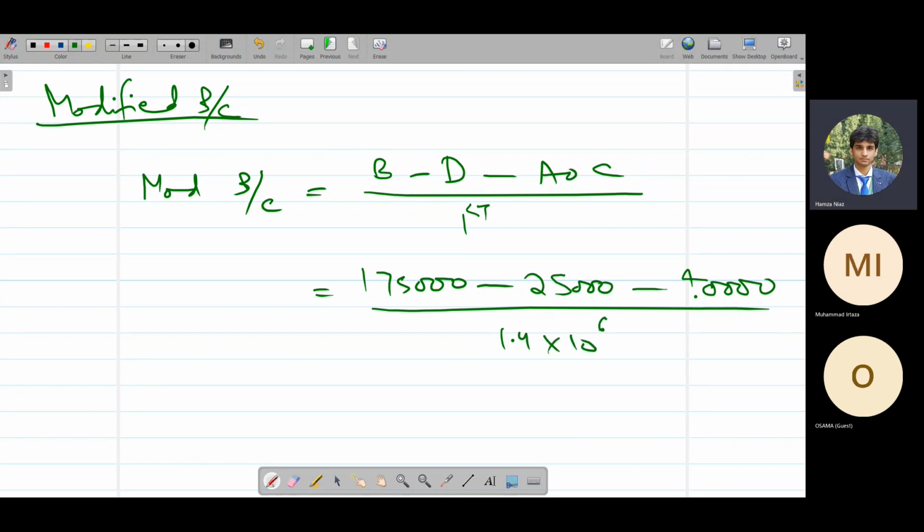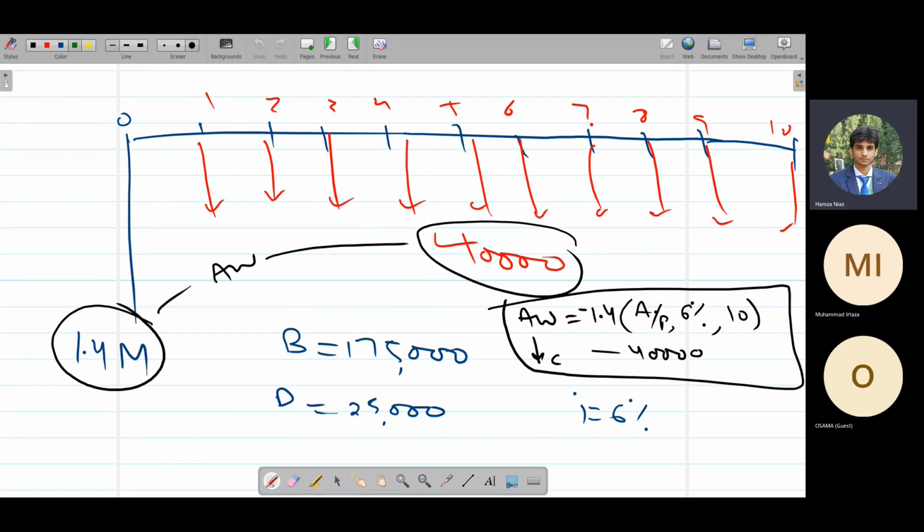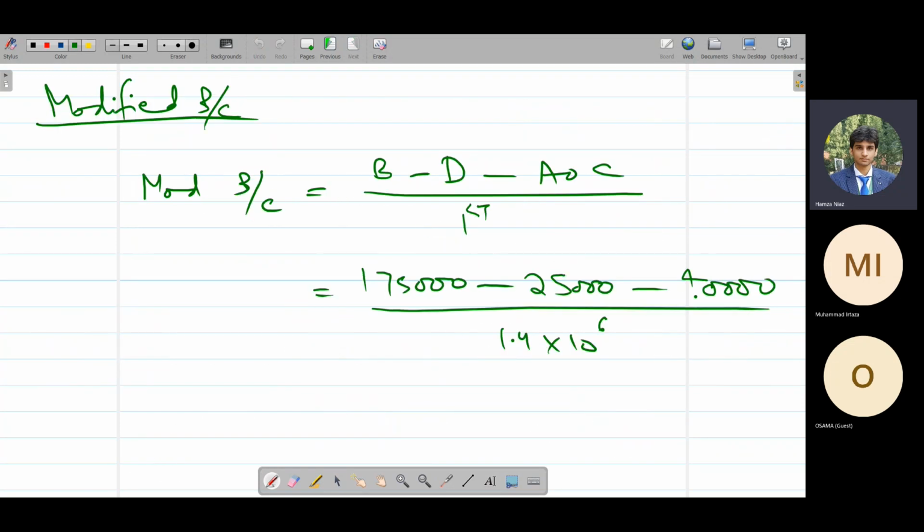So simply in the modified B by C case, we do not need to find any annual worth, something like that. Simply we can subtract the values and get the answer. And similarly, if this is less than 1, then the project is not feasible. If this is greater than 1, the project is feasible.